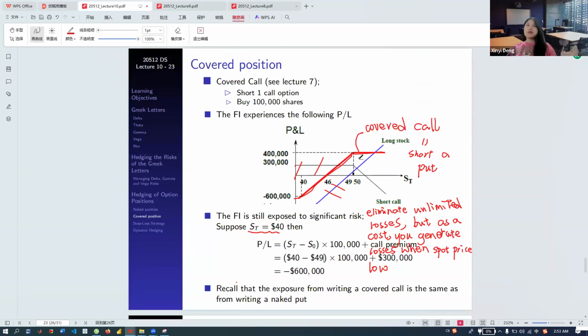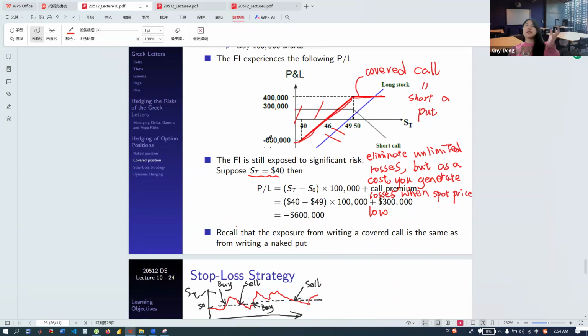Our purpose is to get profit when the underlying price is low, but now for some of the extremely low spot prices, we're actually generating losses for this covered position. So it's not desirable as well, even though we eliminated the possibility of unlimited losses.